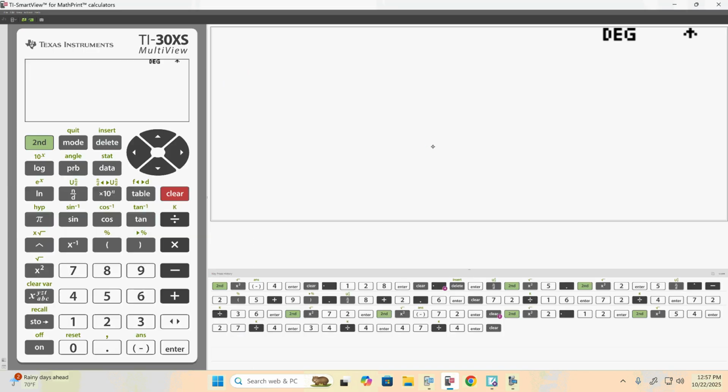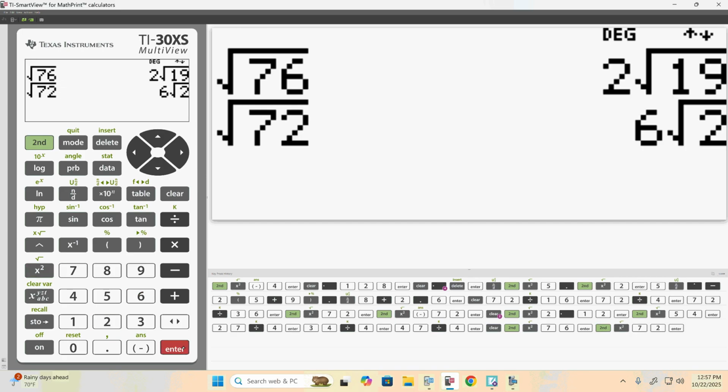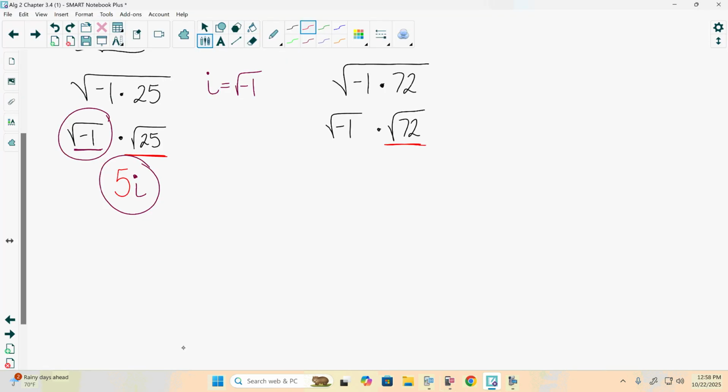Or we can use the calculator and say square root of 72, and it'll tell us that it's 6 square root of 2. And the reason that this works is because 72 is 36 times 2. Square root of 36 is 6.